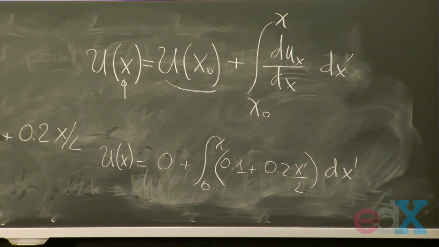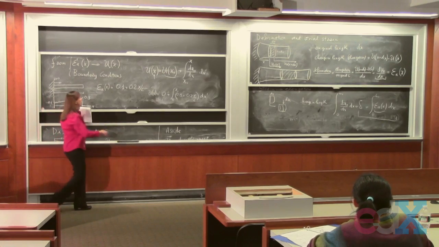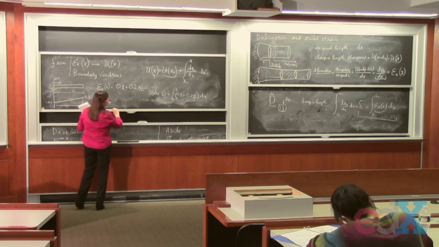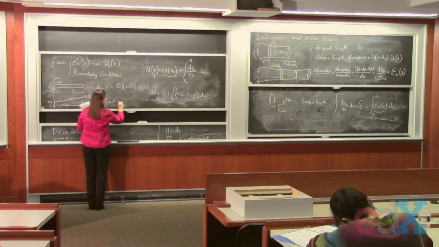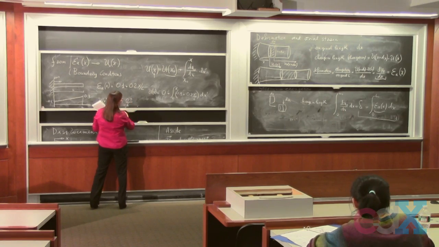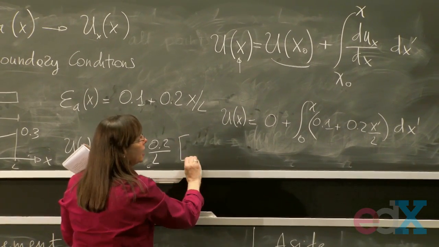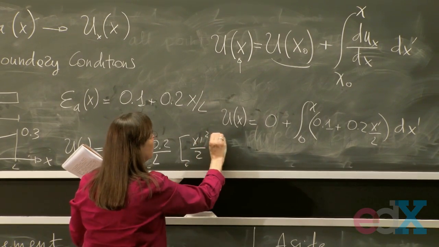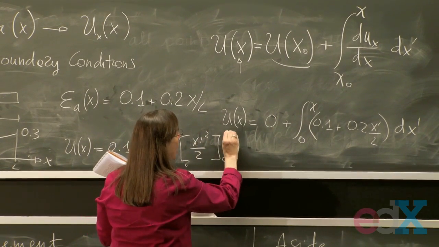As simple as that. So you integrate that, and you get u of x is equal to 0.1 plus 0.2 over L that multiplies x prime squared over 2 integrated from 0 to x.